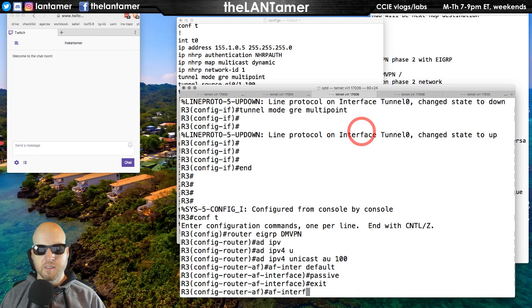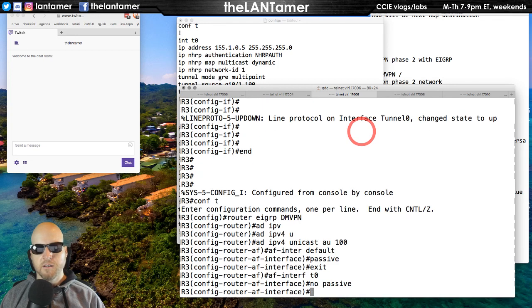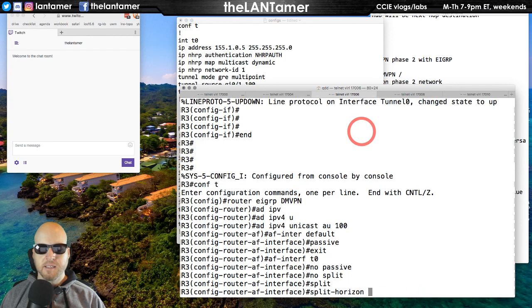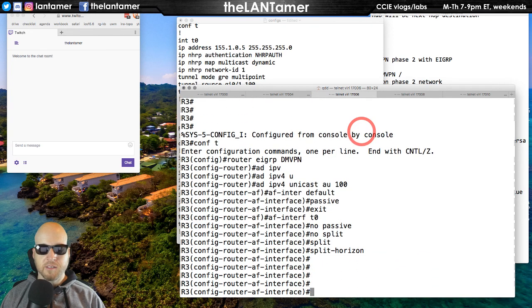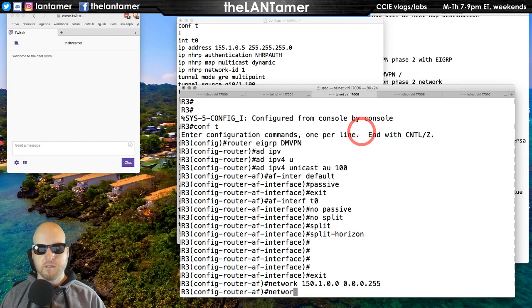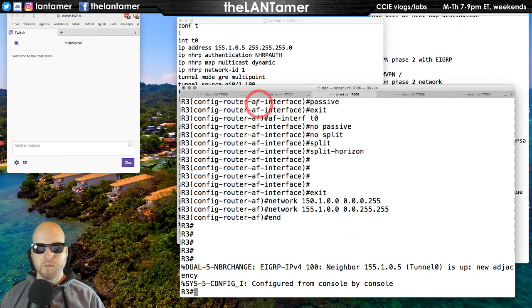AF interface T0, no passive. No split horizon. Actually, we don't need to do that on the spoke. What else? Network statements. Network 150.1.0.0. Okay, boom.